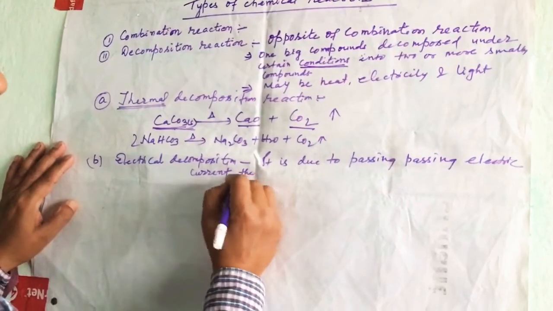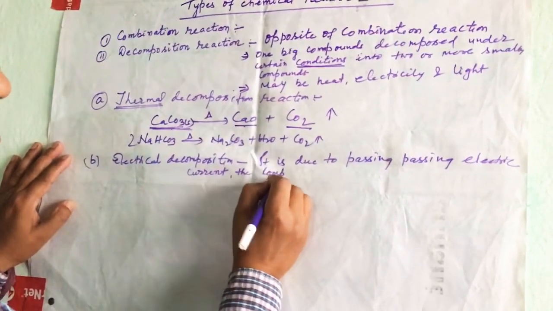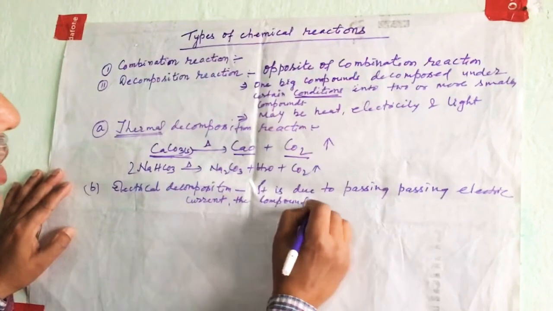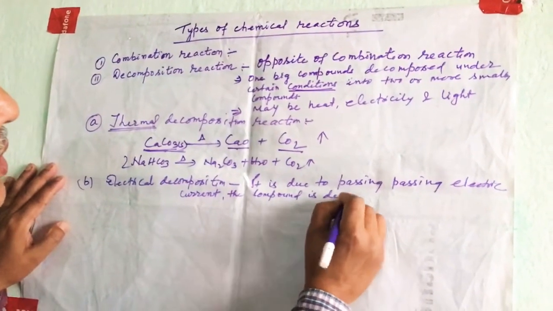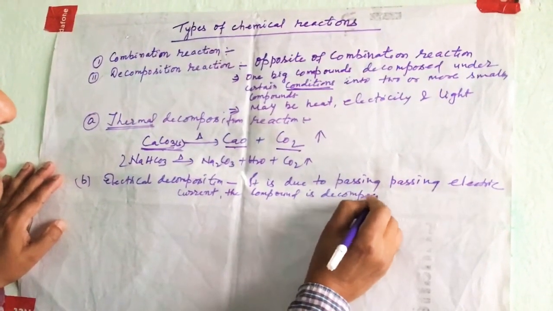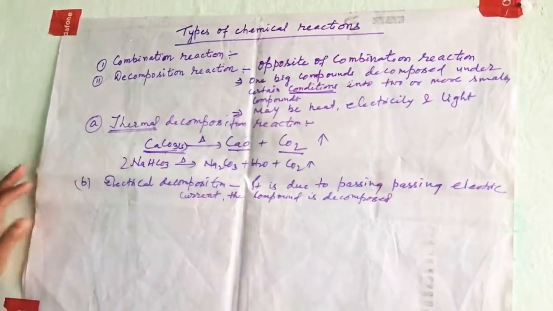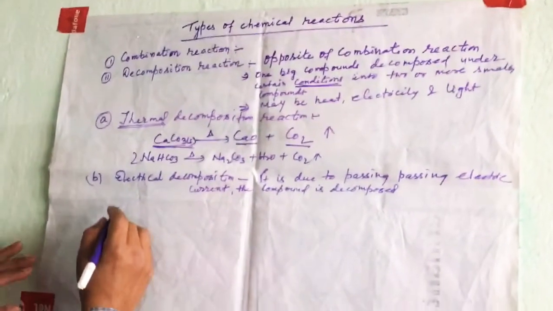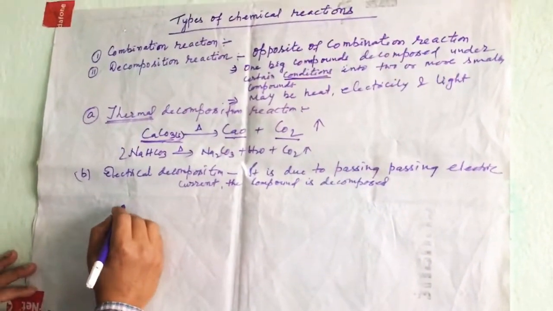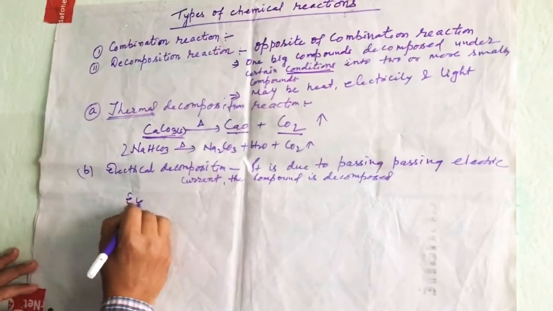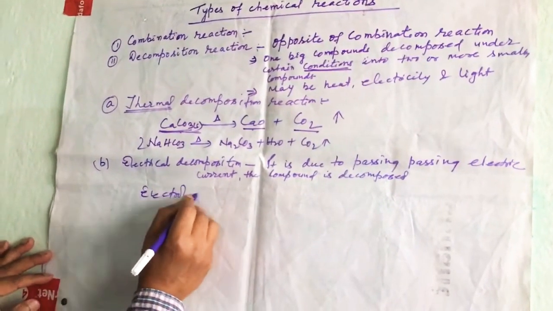The compound is decomposed, as for example, and the process is called electrolysis.